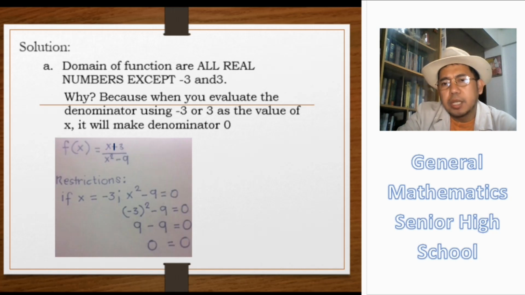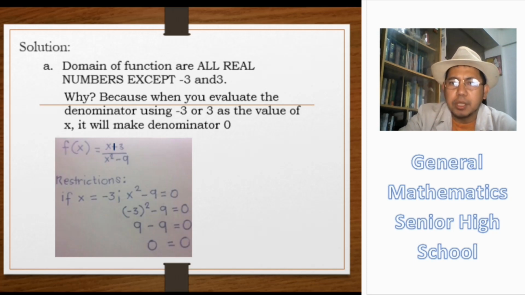The quantity -3 raised to the second power will give you a result of 9. So 9 minus 9 will give you 0. And so you will notice when this will be our denominator, there is no rational function to speak of. Why? Because the number we're talking about is considered to be undefined.